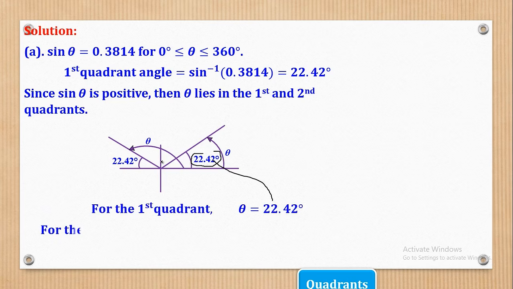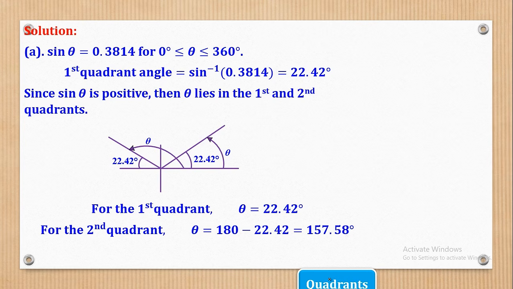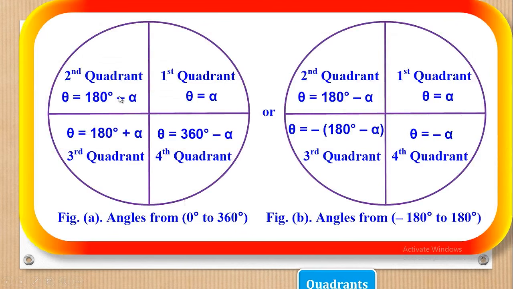Then the second value of theta will be got by saying 180 minus the first quadrant angle, which is 22.42, which gives you 157.58. I think you realize that it is similar to this formula which was given in this diagram. In this diagram, second quadrant is 180 minus alpha, and in our case alpha is 22.42 degrees.